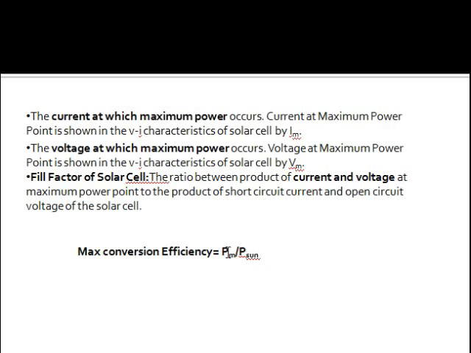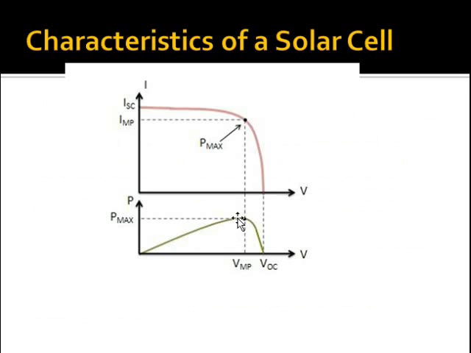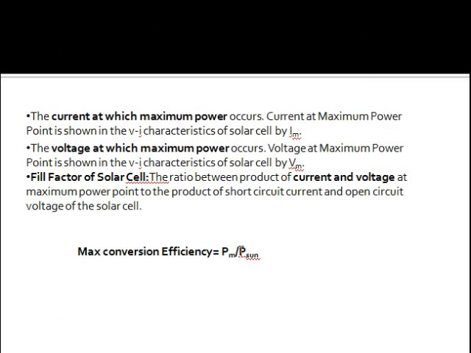But what is converted here, what we get, is Pm, the maximum power. P sun is the power the sun is giving. So the conversion efficiency can be obtained by the ratio of Pm by P sun. So this is about the conversion efficiency of the solar cell.